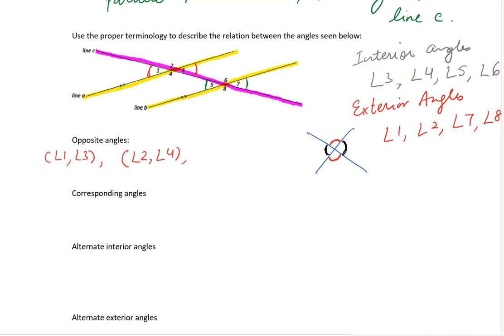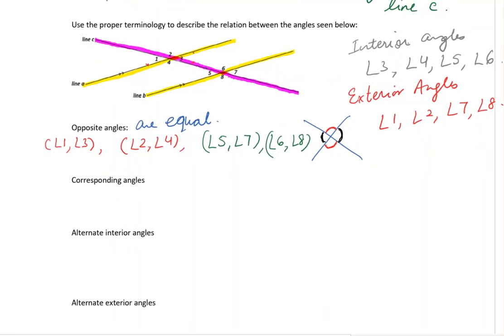Angle 5 is equal to angle 7, and similarly angle 6 equals angle 8. So these are vertical opposite angles and they are equal. Vertical opposite angles are equal. So here angle 1 is equal to angle 3, angle 2 equals angle 4, and so on.